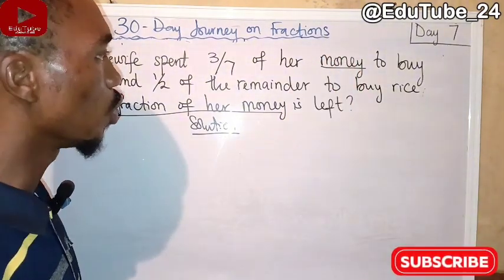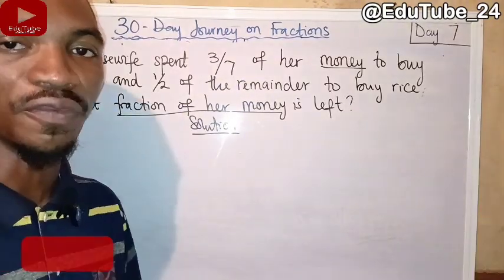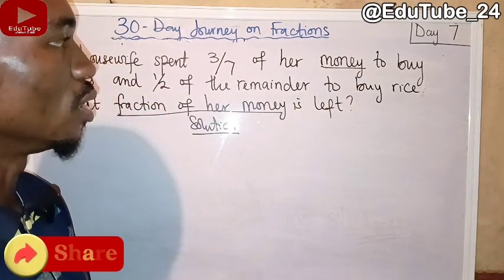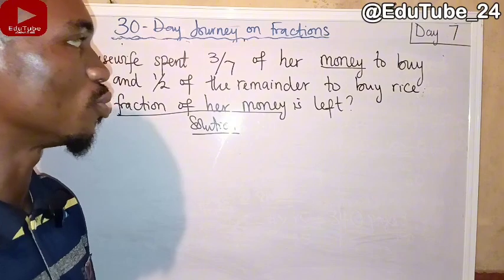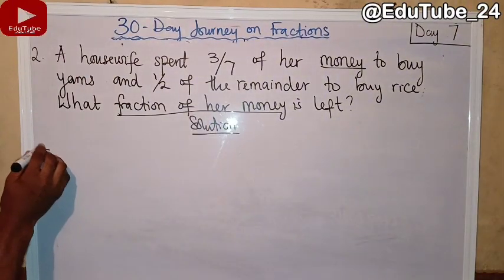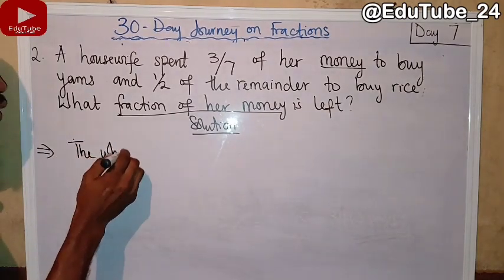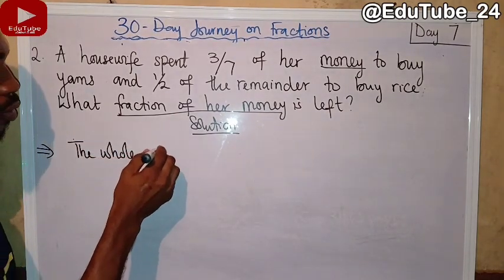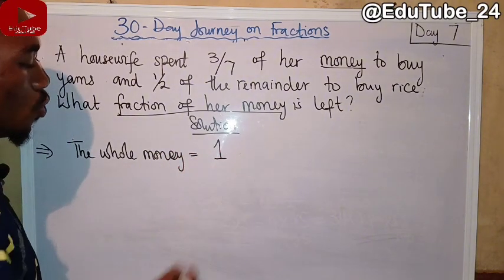So that means we are going to start with the principle of fractions, where a fraction is part of a whole, meaning that an entire thing in a fractions problem is 1. So the whole money is equal to 1 whole.